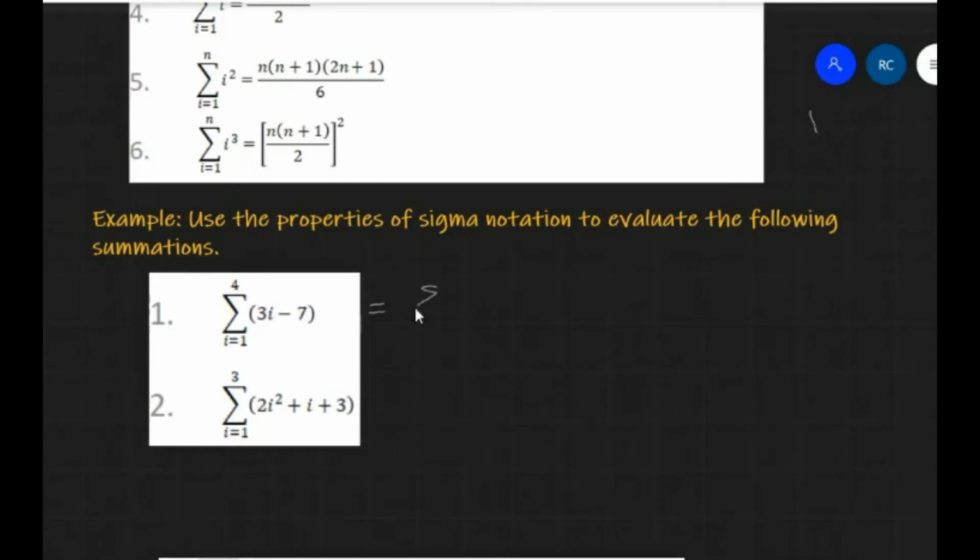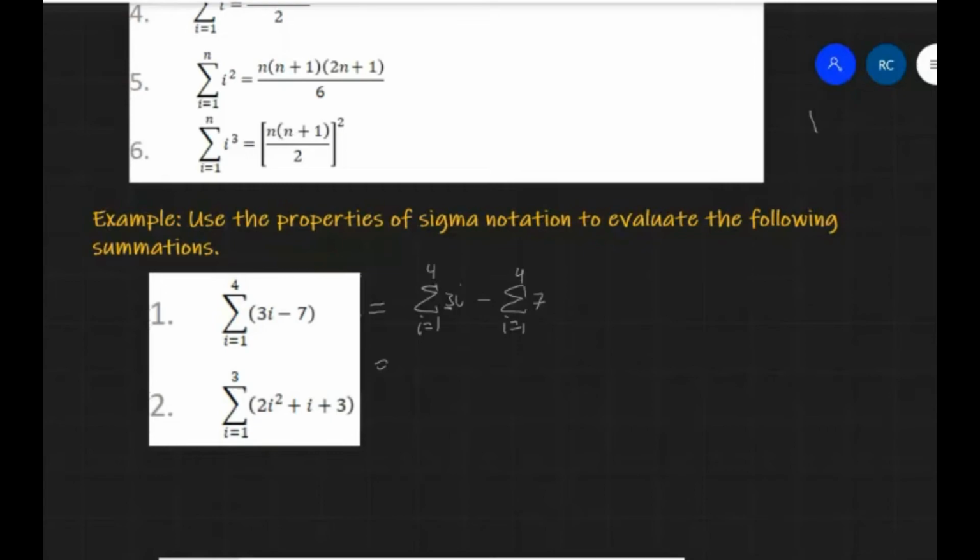Bali, ito ay summation of 3i from I is equal to 1 to 4, tapos minus summation of 7 from I is equal to 1 to 4. Okay. Tapos, etong unang term ay merong constant or numerical coefficient na 3.